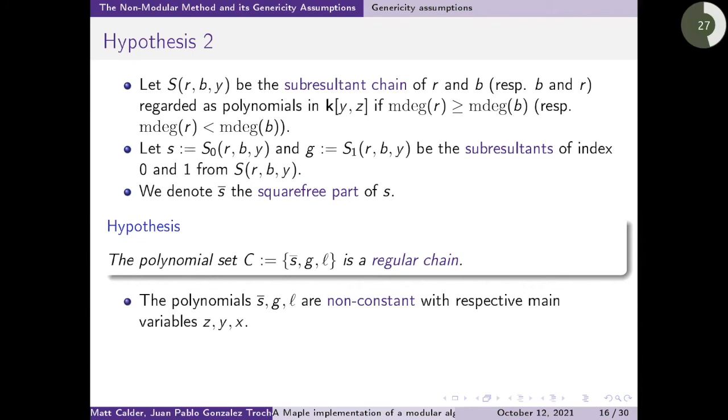And as a consequence of this, we have that the polynomials S bar, G, and L are non-constant with respect to the main variables z, y, and x.